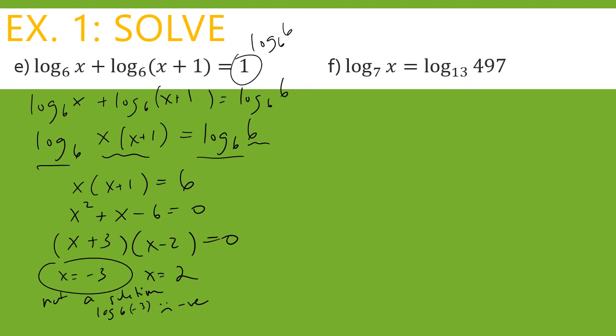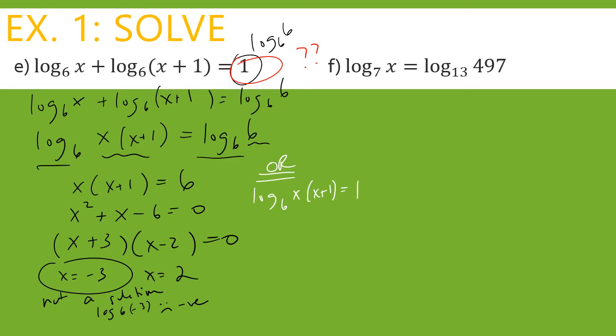Now, I'm going to do a little aside here. This is going to happen for a lot of these questions. There's a lot of different ways you can do the logarithm and exponential questions. Let's say for a second, you forgot about this. You left it as 1, you didn't realize what to do. You could still do the product rule like you did on the left. And what would happen is, you would be at this step, log in base 6 of x times x plus 1 equals 1.